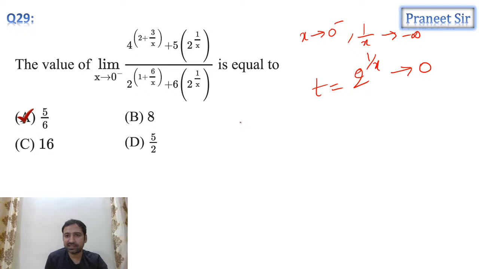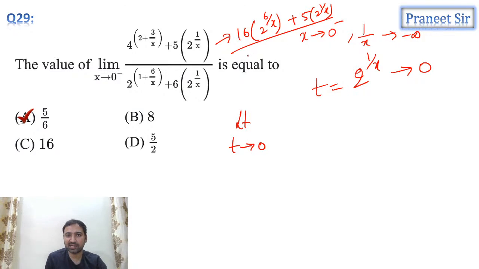So if I take it like this, can I write limit t tends to 0, wherever, I can write it like this, guys. 4 square, which is 16, 16 into 2 power 6 by x plus 5 into 2 power 1 by x. We can write it this way.